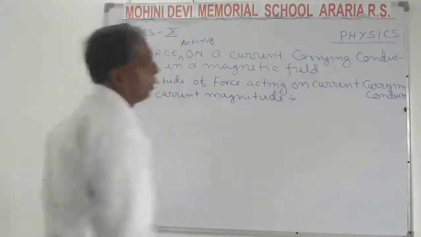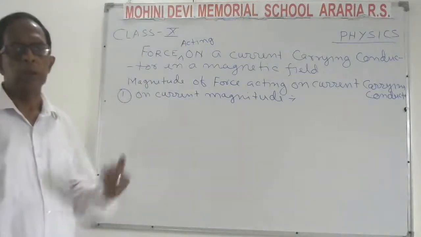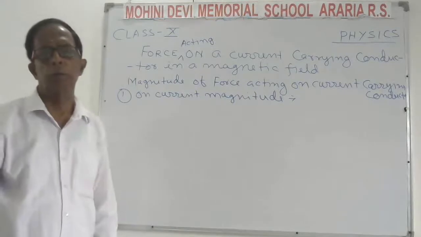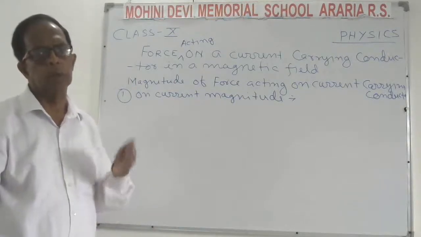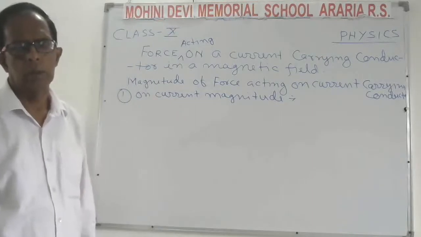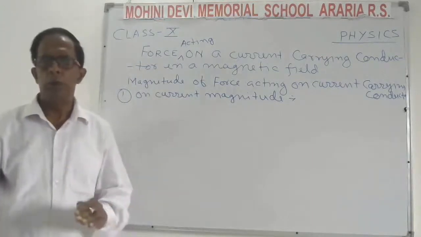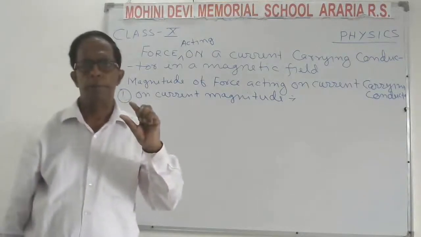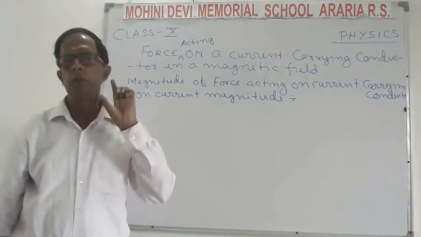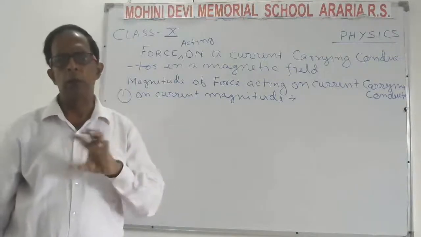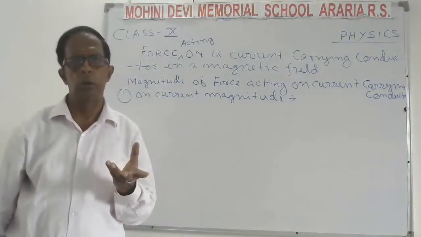The strength of the force exerted by the magnetic field depends on the magnitude of the current passing through the conductor. It means if the current is greater, then the force is greater, and if the current is little, then the force is also little.